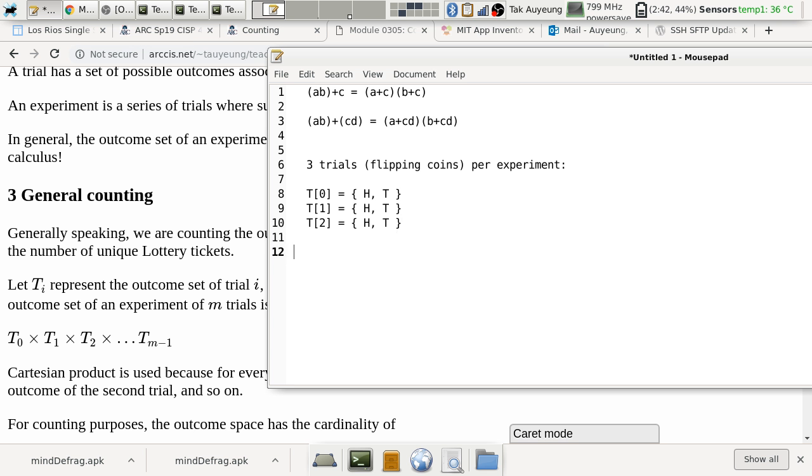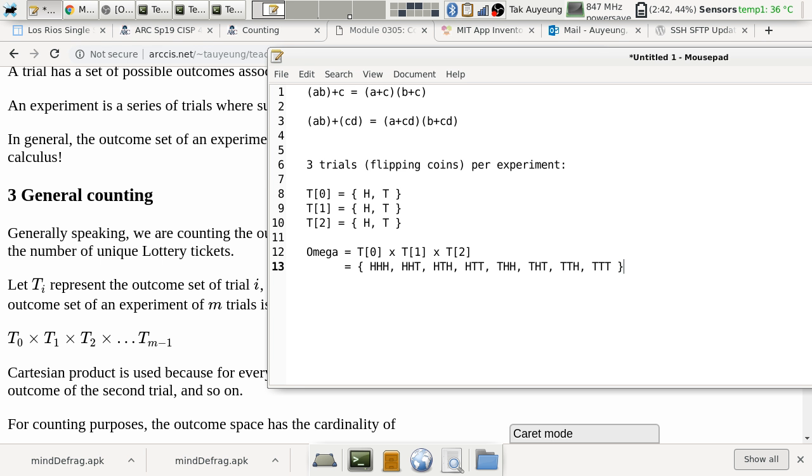So now when you look at omega, omega is going to be T0 Cartesian product with T1 Cartesian product with T2. What do you think that set is going to look like? Yep, there are 8 of them, right? So you got HHH, HHT, HTH, HTT, THH, THT, TTH, TTT.